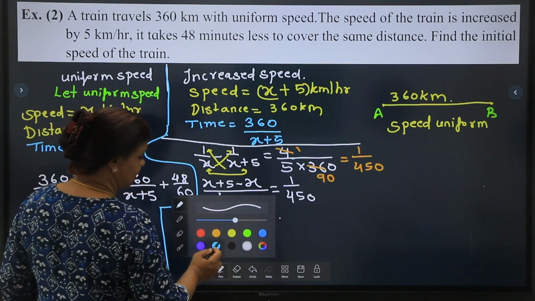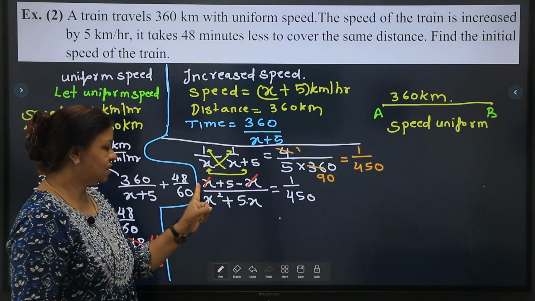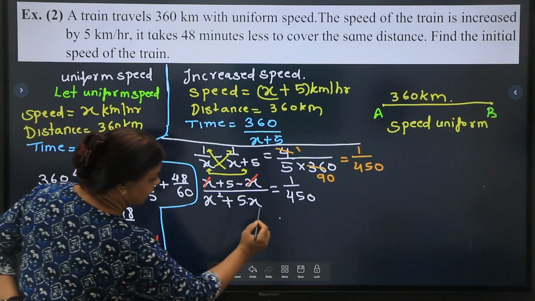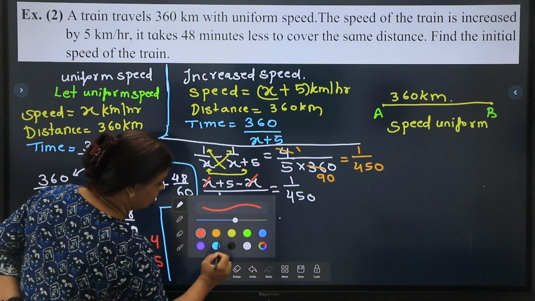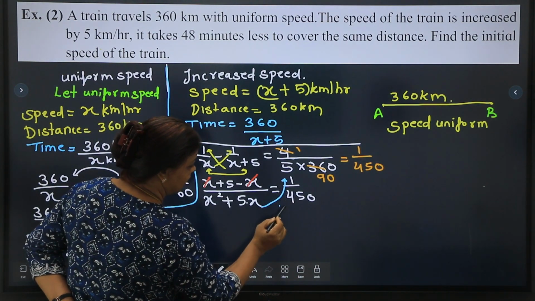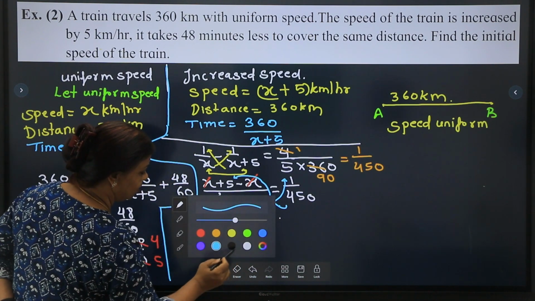Now children, see, x and x will get cancelled because this is minus and this is plus. So this will go and multiply here, and 450 will come and multiply with 5. So what will we get?